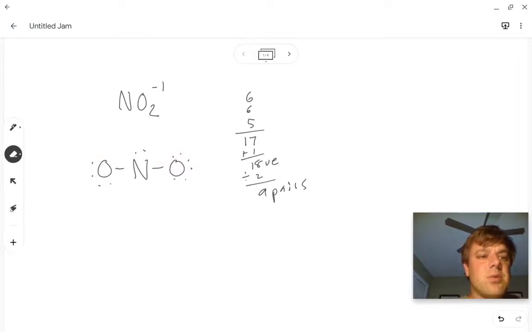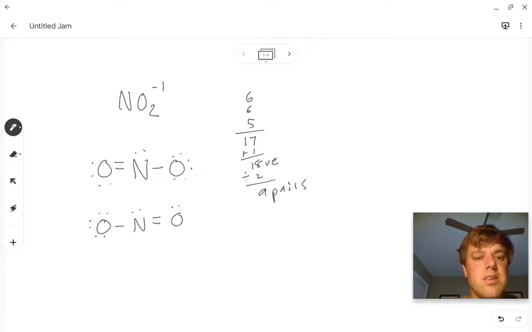And if we borrow one from here, then we make a double bond on that side, or we could have done it the other way and made the double bond with the other oxygen. Now, the thing to note is that double bonds are shorter and stronger than single bonds.